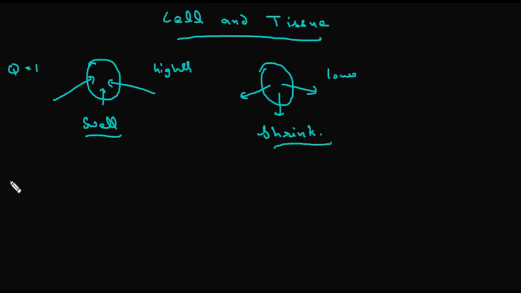Okay, very simple it was. If I ask you what is the main function of the lysosome, obviously it is a cell organelle, right? Lysosomes are present in every eukaryotic cell.